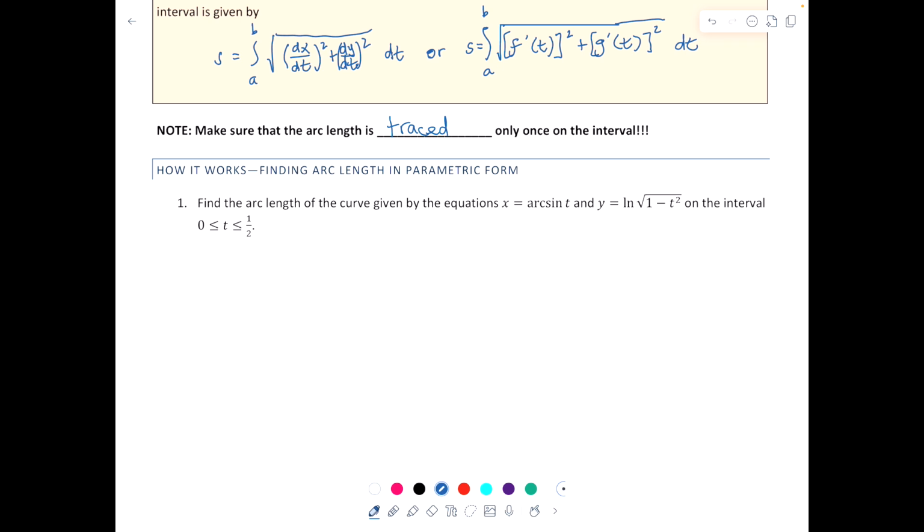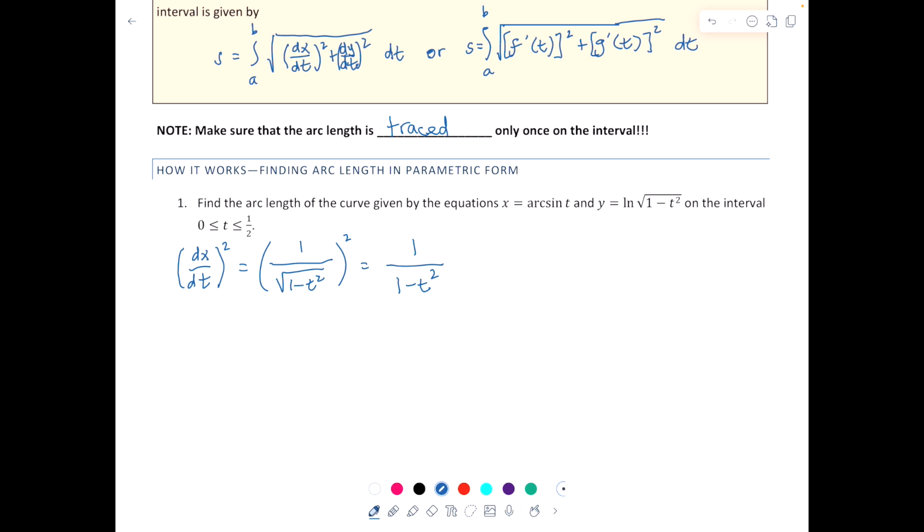All right, so here we go. First, let's find all the stuff we need to find. All right, so we need to find dx/dt, and we're going to square it because that's what we need. So the derivative is going to be 1 over the square root of 1 minus t squared, and then we're going to square that. So that will just be equal to 1 over 1 minus t squared.